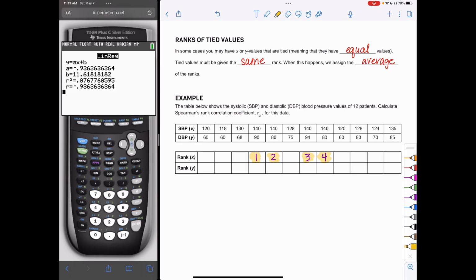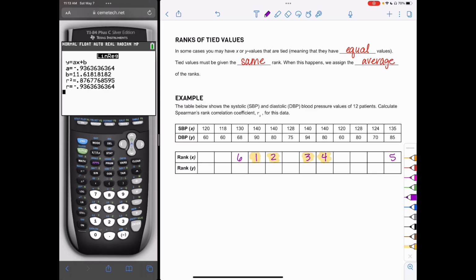The next biggest number that I see, or the next smallest number to 140, is going to be 135. So I'm going to say that that is rank 5. And then we have rank 6 being 130.